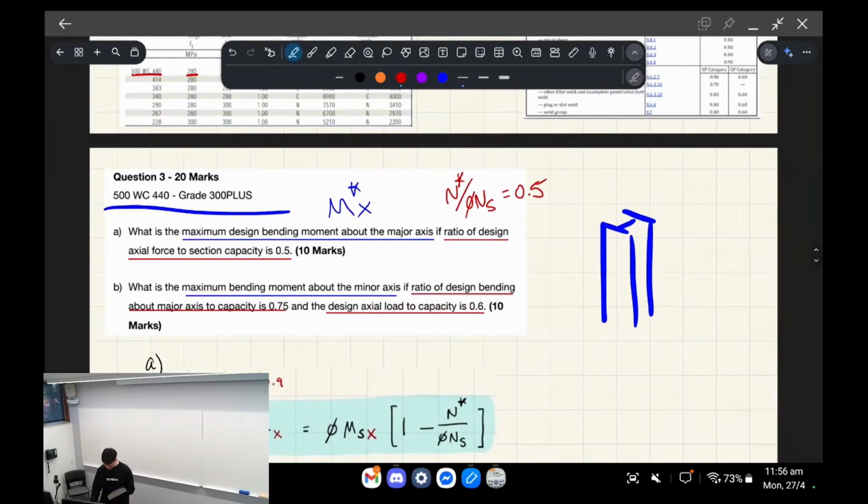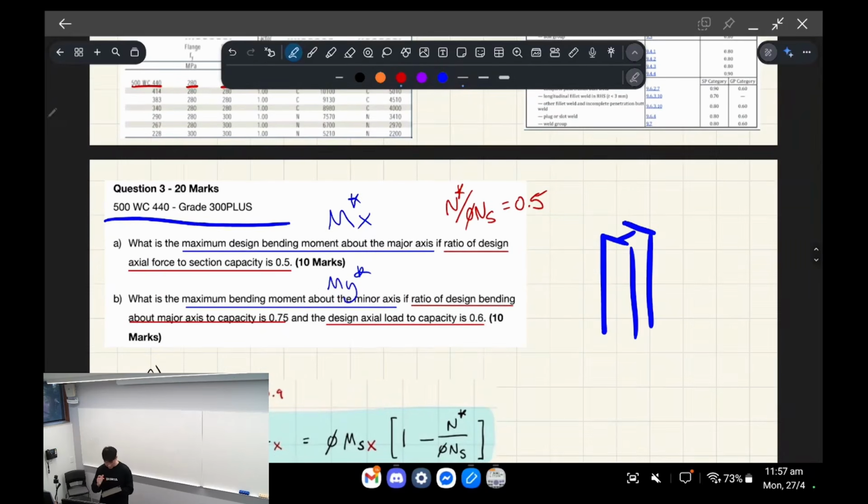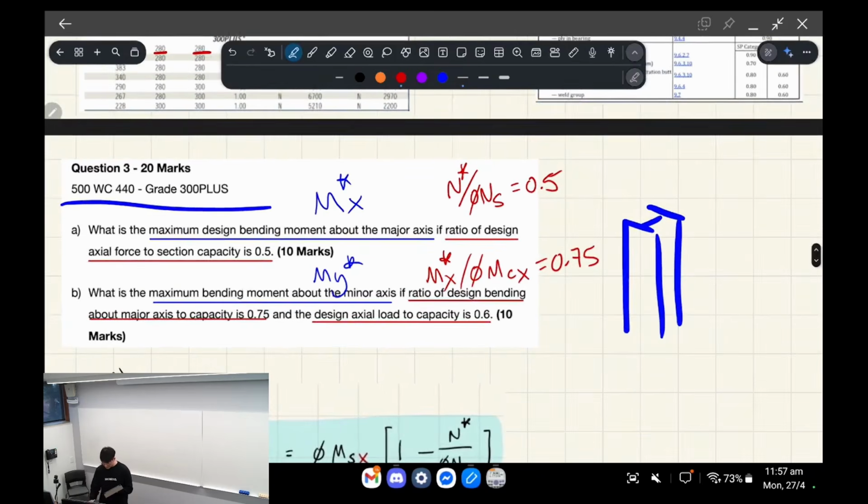And then part B is similar, but it's what's the design bending moment in the minor axis if the ratio of design bending moment about the major axis to capacity is 0.75. So that one means this, sorry, that's subscript x, that one's equal to 0.75. And the design axial load capacity is 0.6.